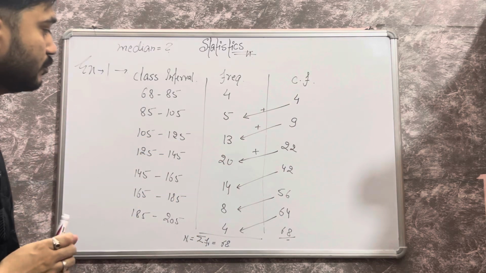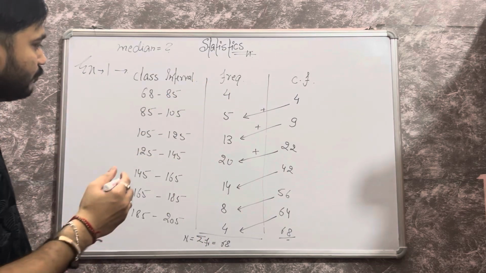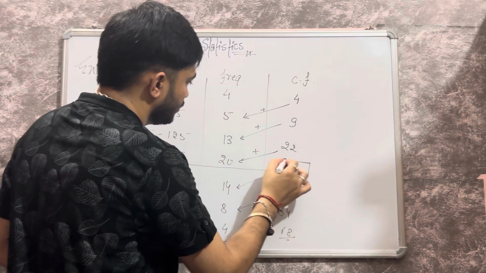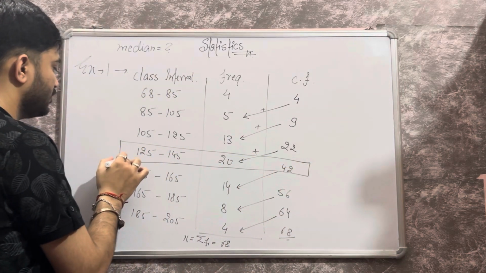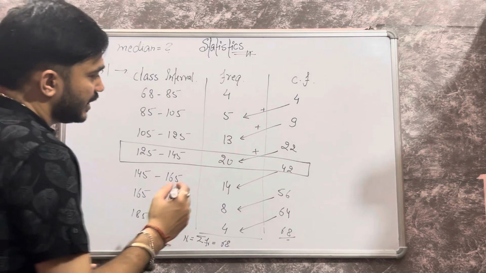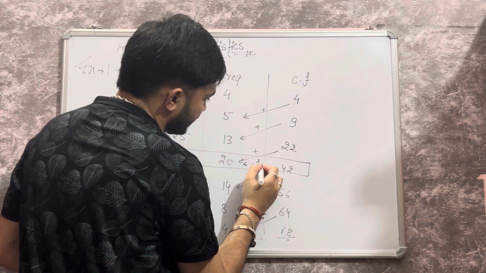Now what you have to do is find the biggest value in the frequency table, and you will see that 20 is the biggest frequency value in this table. We write this as F1.